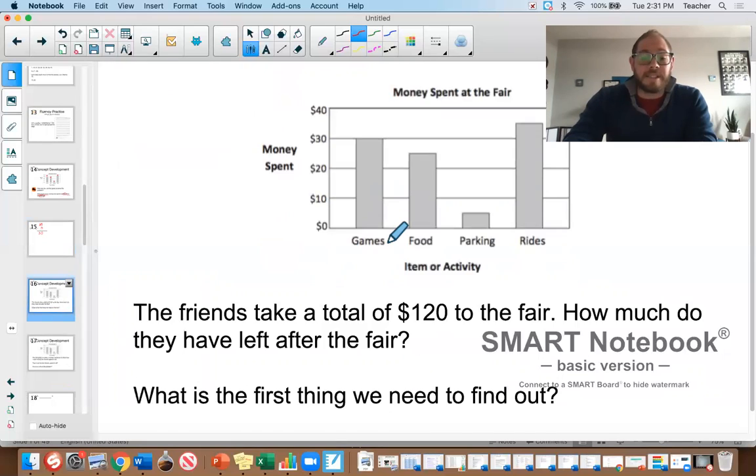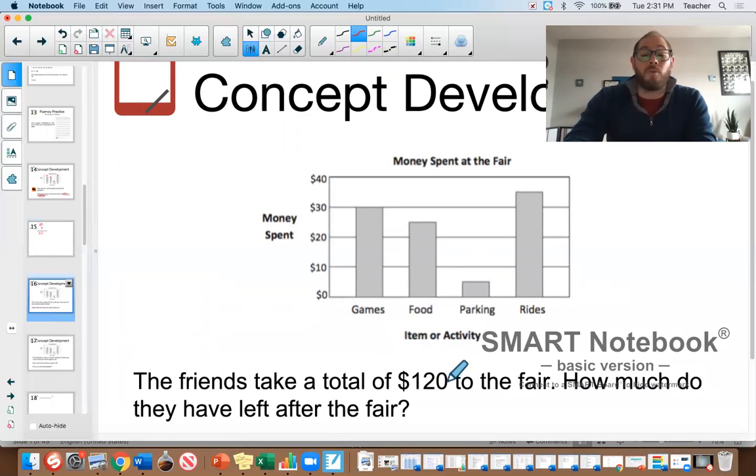Our next one says the friends take a total of $120 to the fair. That's a lot of money. How much do they have left after the fair? So we want to find out how much they spent, and then we can subtract that from their $120 because they had 120 at the beginning and they spent all these amounts on the fair. So let's go ahead and make up a subtraction sentence.